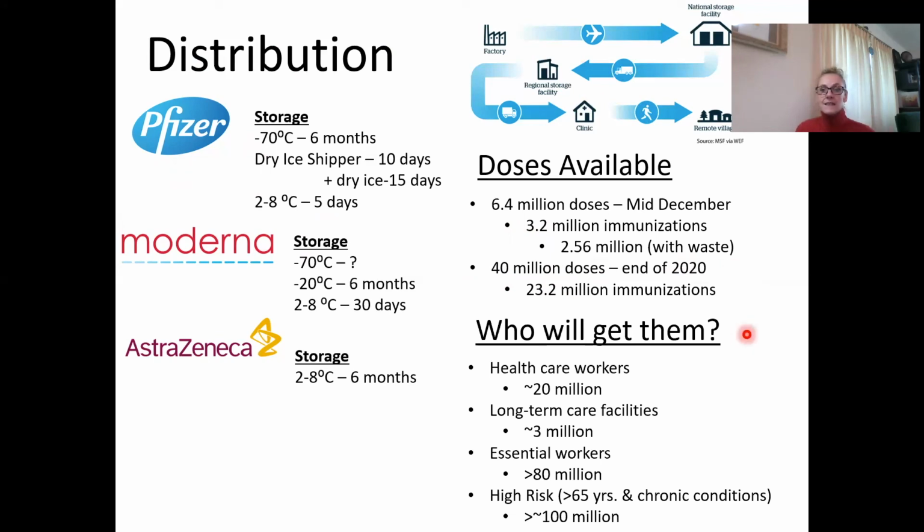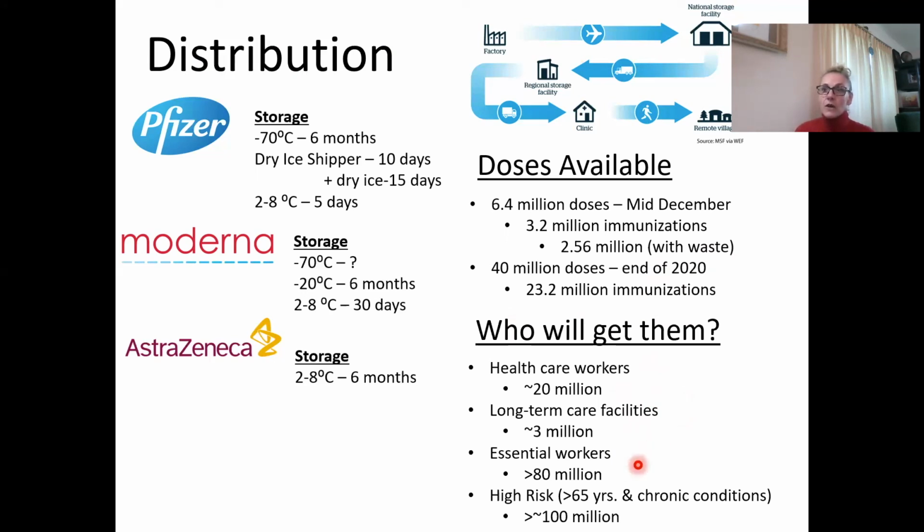The CDC has come up with some guidelines, and each particular state is developing their own guidelines. And for the most part, it's thought that healthcare workers will get them first, and people who live in long-term care facilities. And together, that's about 23 million. So by the end of 2020, it's probably just about 23 million people that could possibly, if everything goes 100% well, be vaccinated.